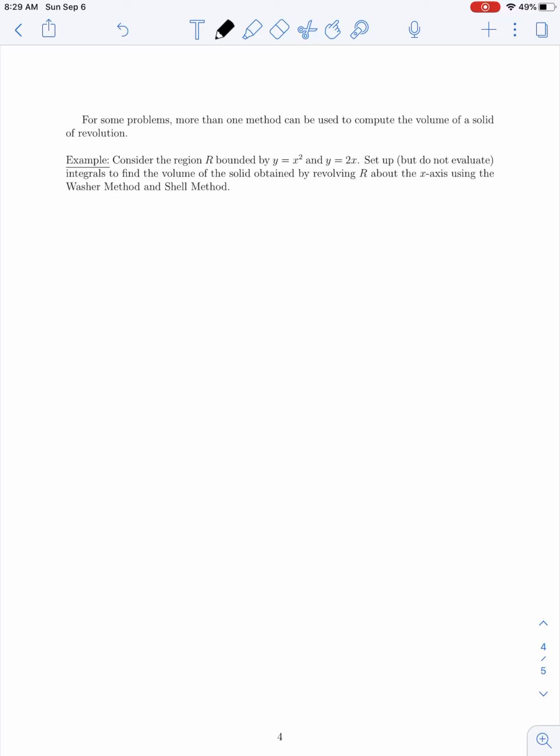As with our earlier examples, our first step might be to sketch this region, which is bounded by two curves, so we might want to find their points of intersection first. Here, let's set the equations for these two functions equal to one another. That is, x squared is equal to 2x.